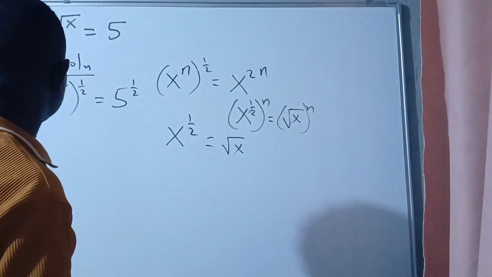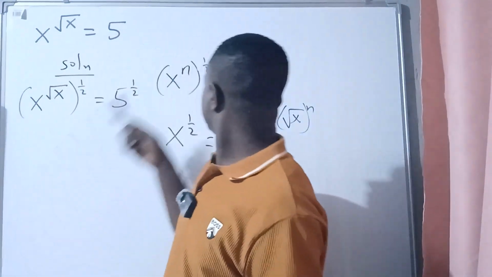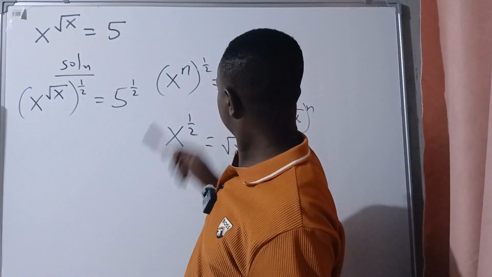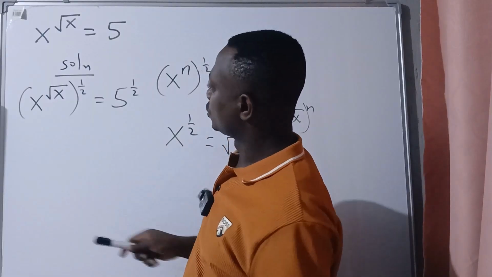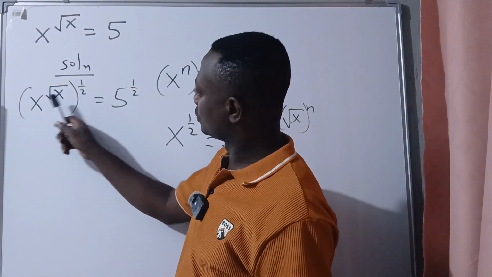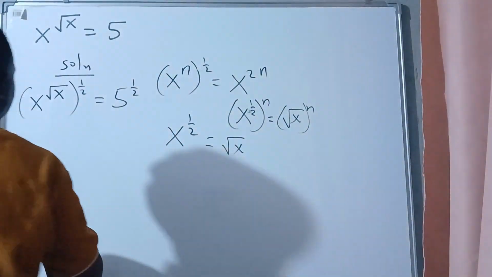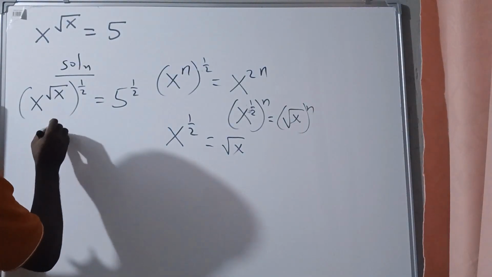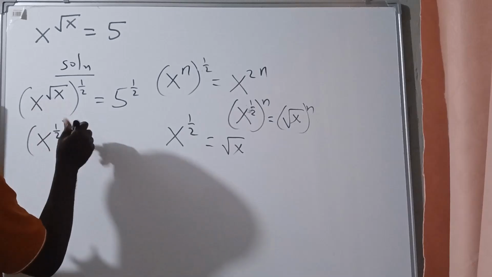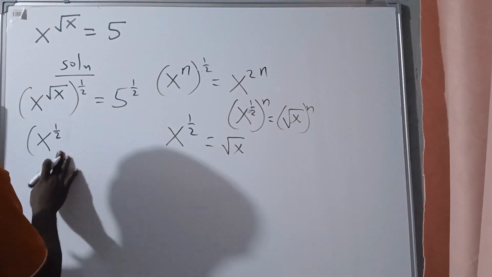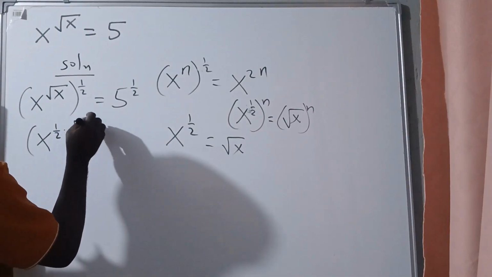From here, this one will enter this, and that will be x to the power of half. Let me put this one here, times square root of x.